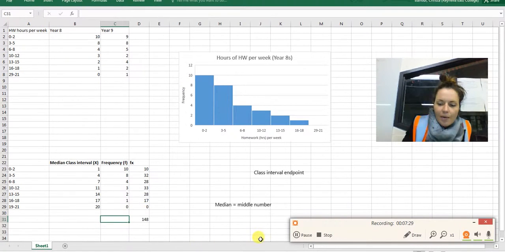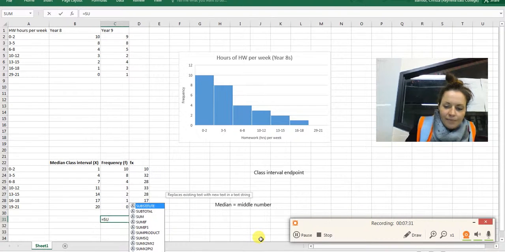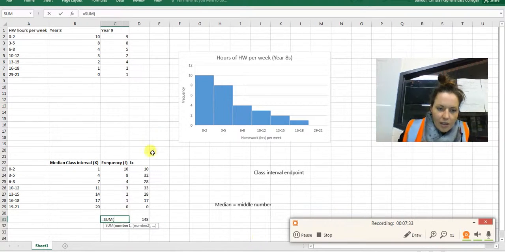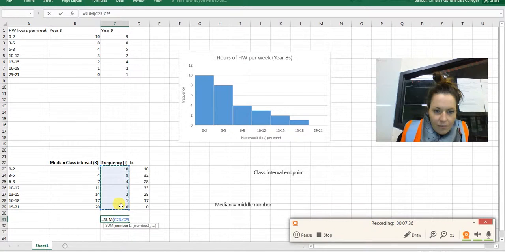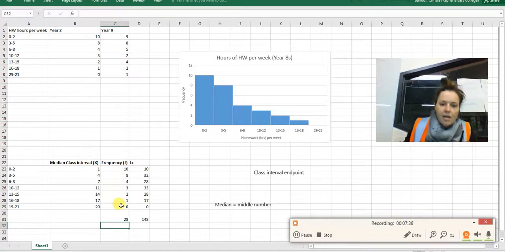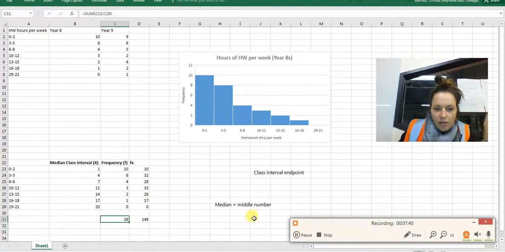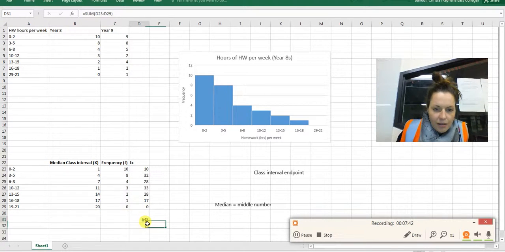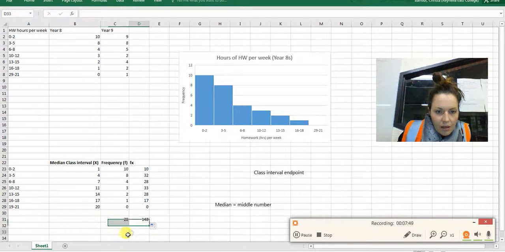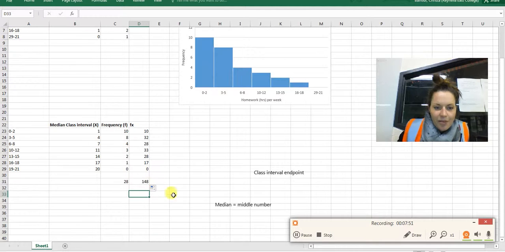So to do that, I'm going to go equals sum and highlight everything I want it to add up. Or I could just carry this formula across, because that's the good thing about Microsoft Excel, you can just carry formulas across.